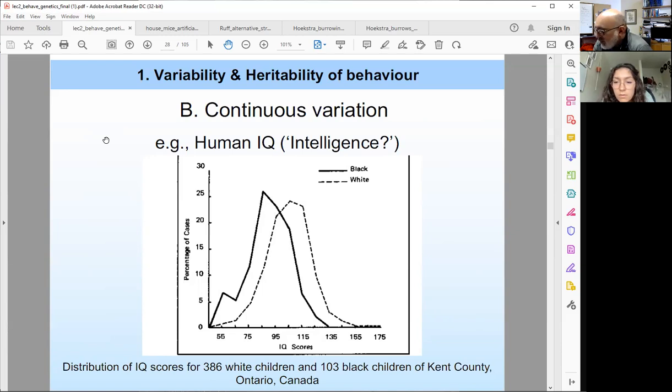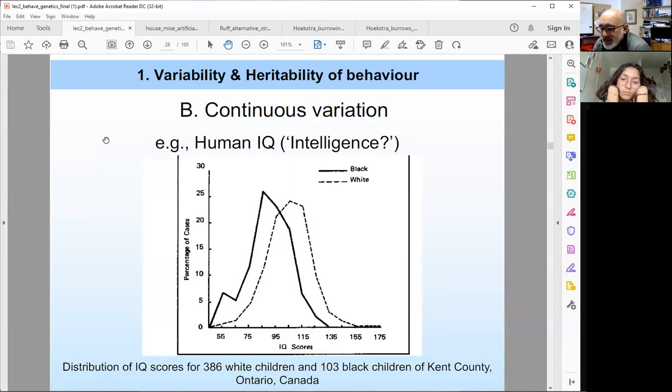So in this particular graph, it seems to imply that white children have a higher IQ than black children. And so my point here is not to say that this is the truth, of course, but what I'm trying to point out with this graph is how controversial trying to understand the heritability of something like intelligence can be, because it can be misused, for the kinds of graphs that you're seeing here.